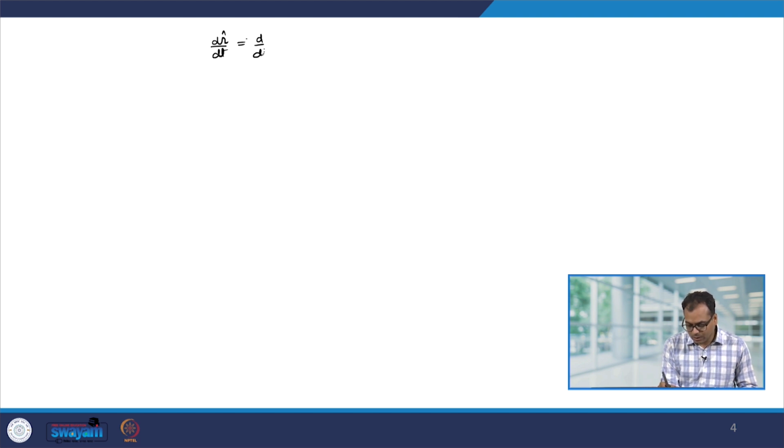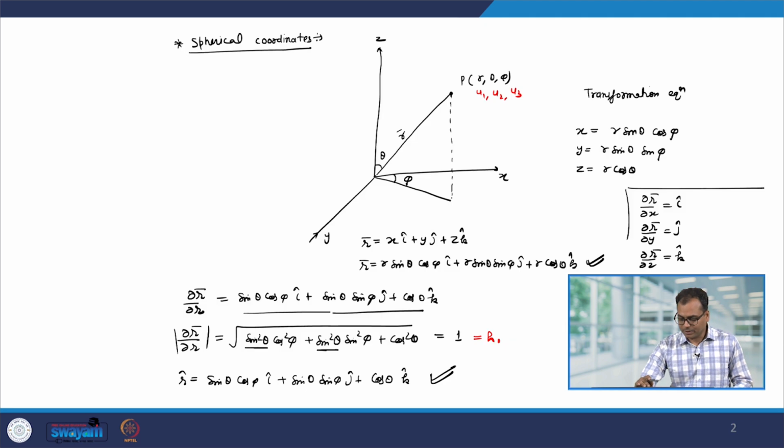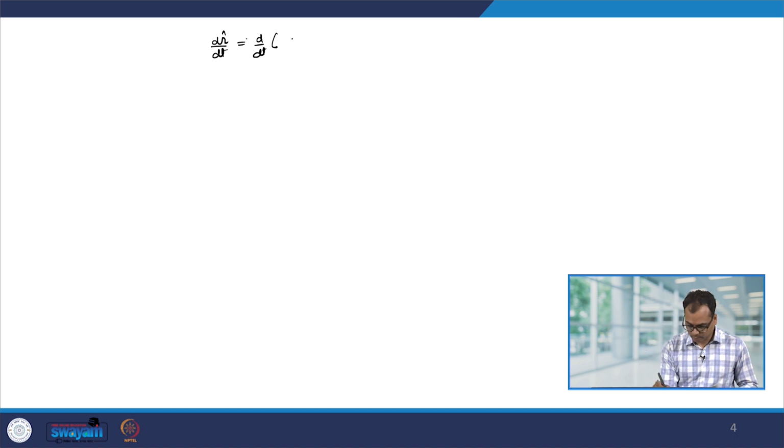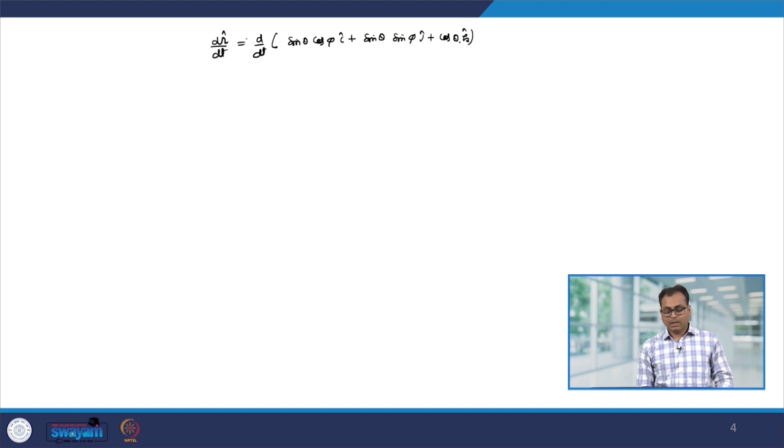This will be d over dt of r cap, and the expression for r cap we already know. It is sin theta cos phi i plus sin theta sin phi j plus cos theta k. Now, i, j and k cap do not change with time, therefore, we can take them outside.